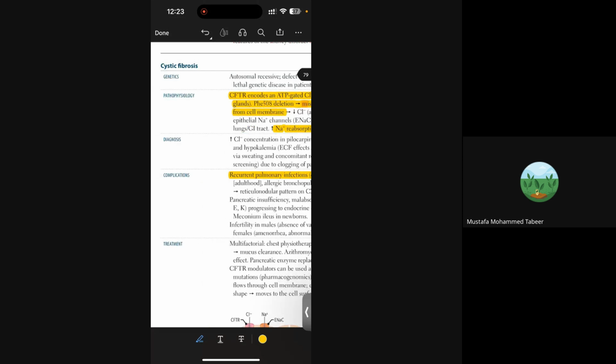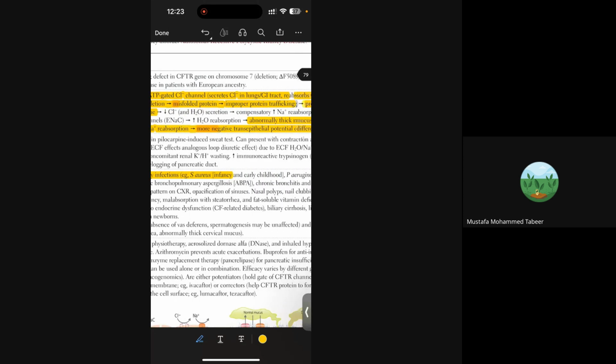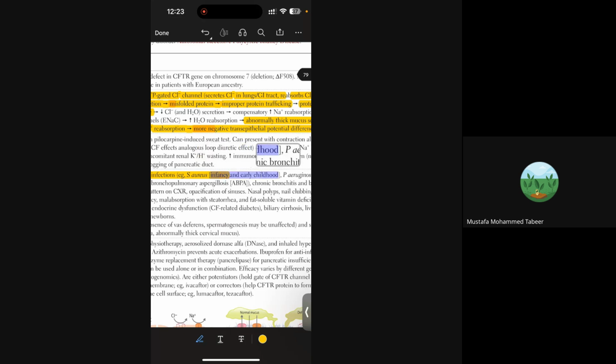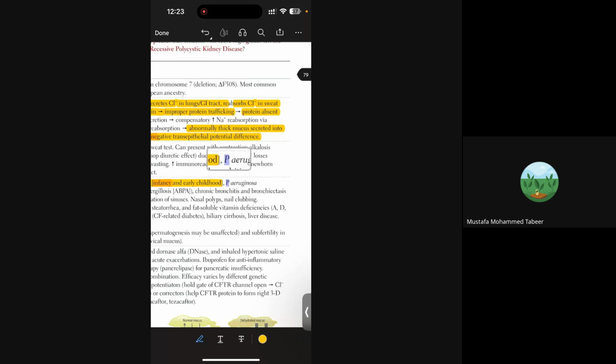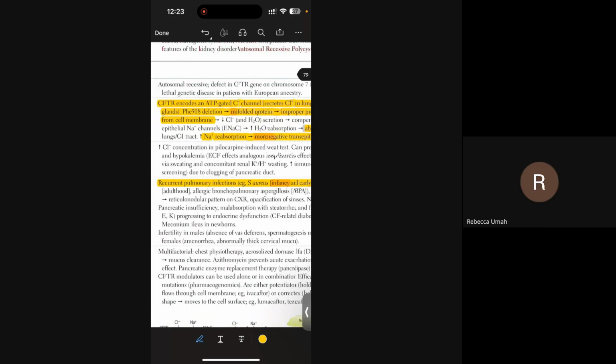Recurrent pulmonary infections: staph aureus during infancy and early childhood, and Pseudomonas during adulthood. In the later stage, the pulmonary infections are usually due to Pseudomonas, and in early age, the infections are due to staph aureus. Okay, remember this.